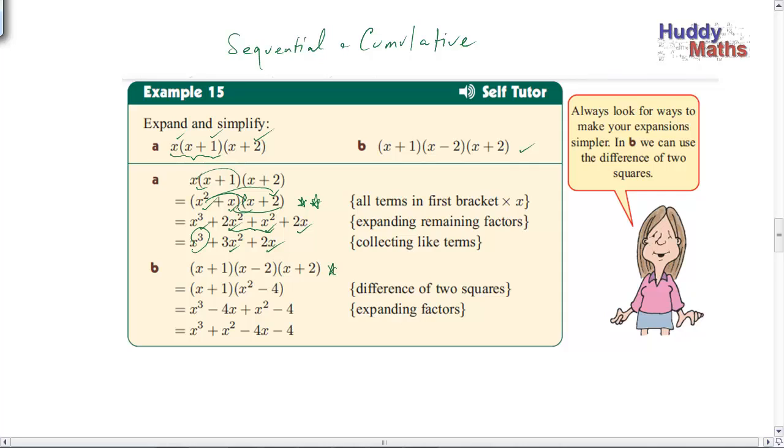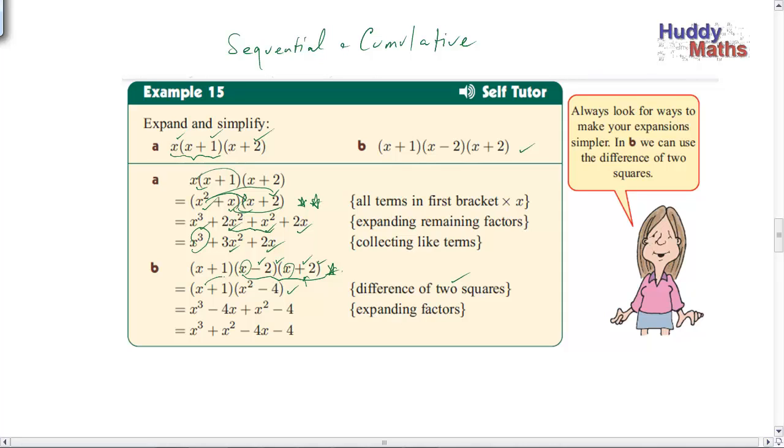Let's have a look at this one. What will we do? We'll probably group these 2 and do those 2 first, because everything has to be multiplied by everything else. But look at that. That's a difference of 2 squares. x take 2, x plus 2. Same first term, same second term with opposite signs. Remember that pattern. So you should know that straight off by heart. x squared take 4.